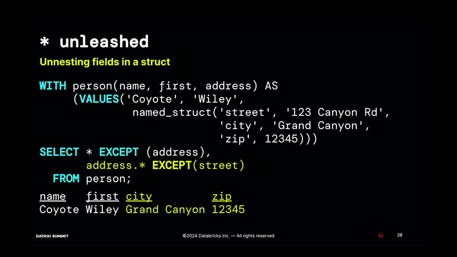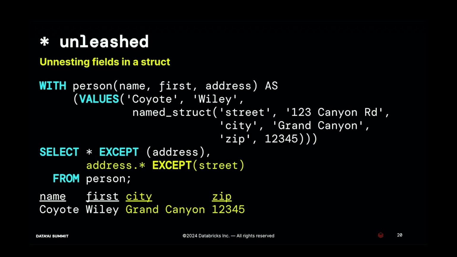Now I say I want to unnest that struct, but I don't really want to talk about all these things. So I know the struct is address, so I say select star except address, so pick up all the normal columns, and then address.star gets me into the fields and extracts them all as columns. In this case, just to make it more fun, I said I don't actually want the street, I just want the city and the zip. I want to make it a bit more coarse, and that works fine. So this is already quite nice.